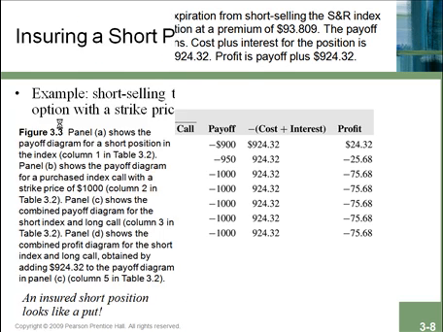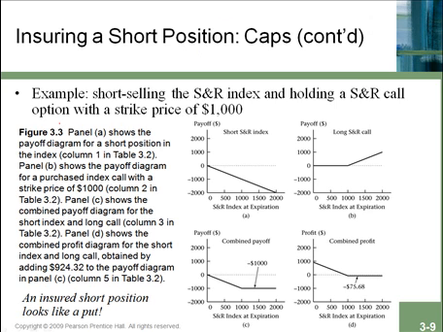Here's a graphical depiction of the same thing. Basically, panel A is showing the payoff to a short position in the S&R index, just showing that yes, you have to buy back the stock index on the expiration date. That's what you agreed to do. Panel B also shows what the payoff from the call option would be.